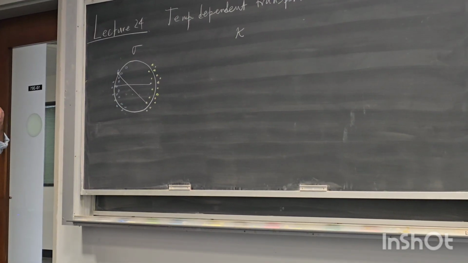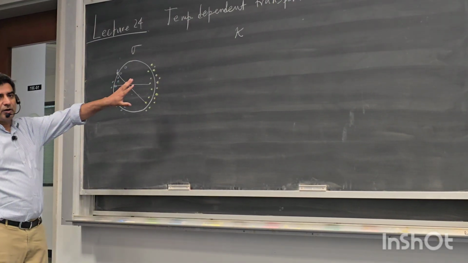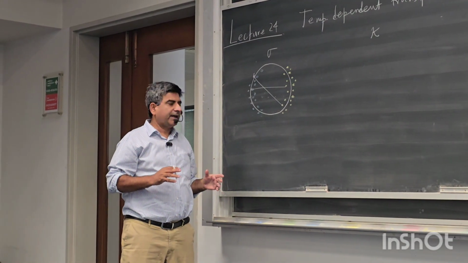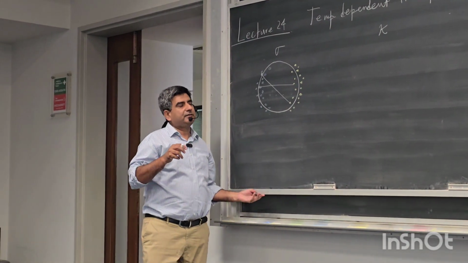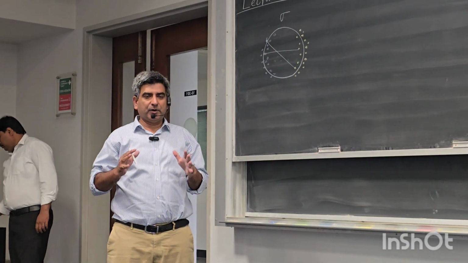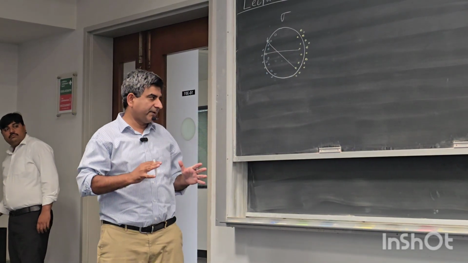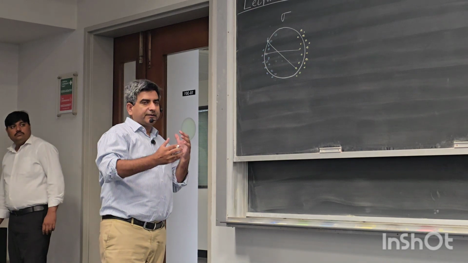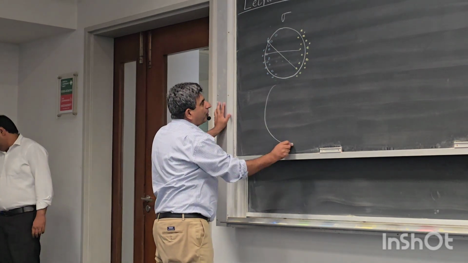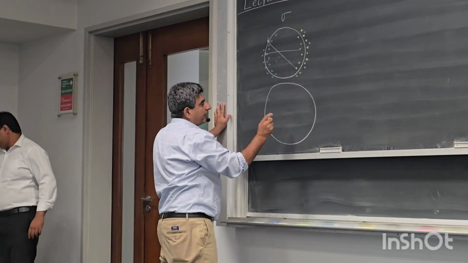So this really means that what is required is that if an electron has an initial wave vector k1 and a final wave vector k2, then the two must be related by the momentum of a phonon.